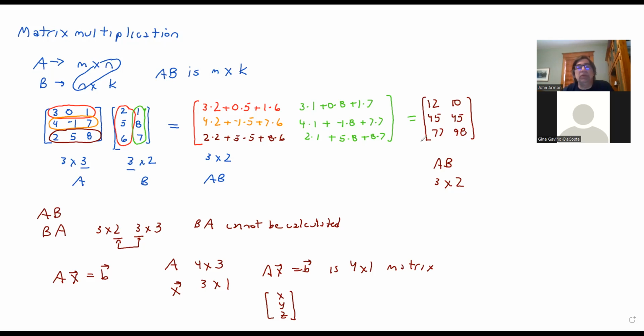So going back to this linear combination idea, if I took the first column of this matrix, and this is the product matrix, we could think of it as a linear combination. That's how we calculated it. So you get each of these entries that you see right here. So how did I come up with 12? 3 times 2 plus 0 times 5 plus 1 times 6.